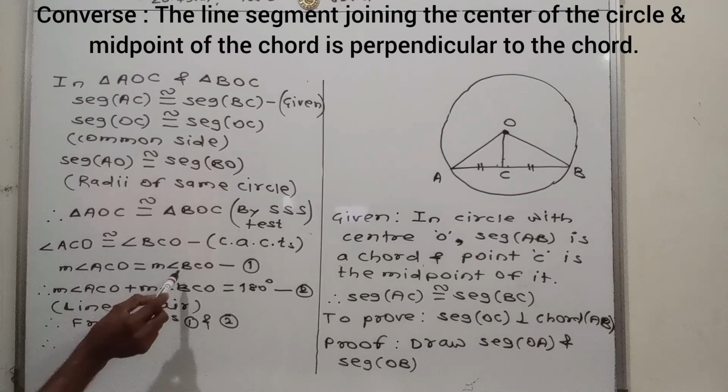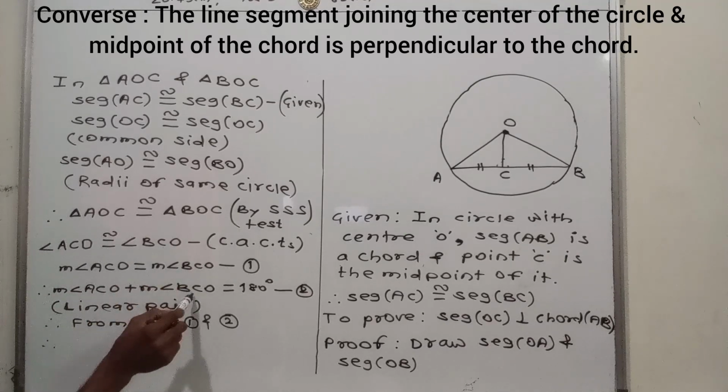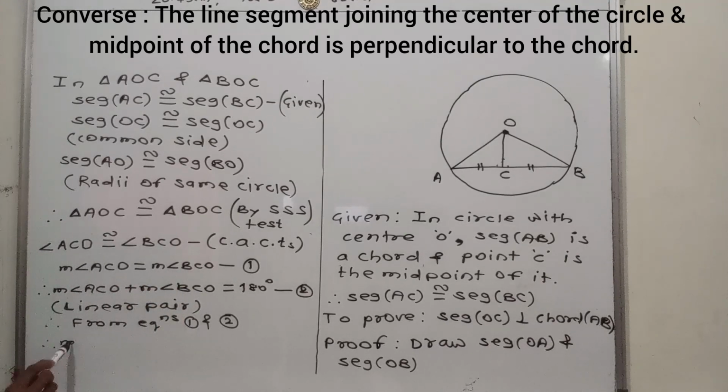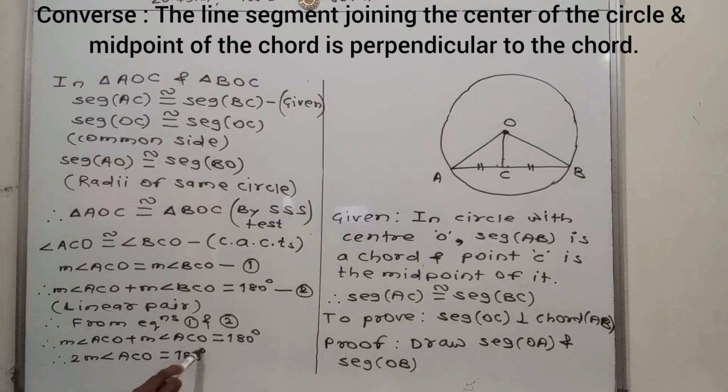Therefore, measure of angle ACO plus measure of angle ACO is equal to 180 degrees. Therefore, 2 times measure of angle ACO is equal to 180 degrees.